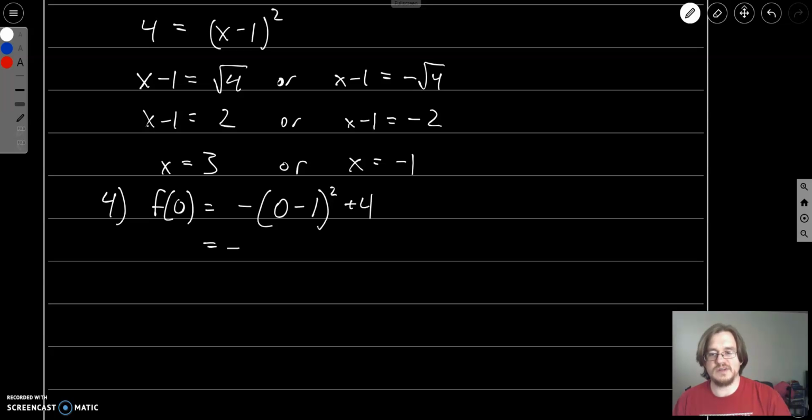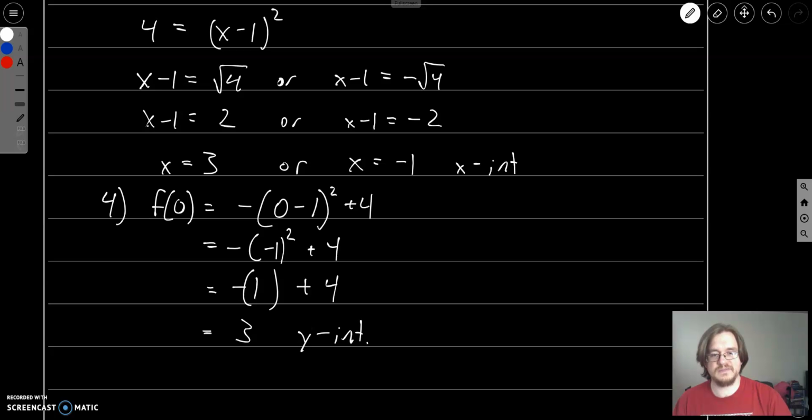So 0 minus 1 is negative 1. Negative 1 times negative 1 is 1. And negative 1 plus 4 is 3. So this is my y-intercept, and these are my x-intercepts.